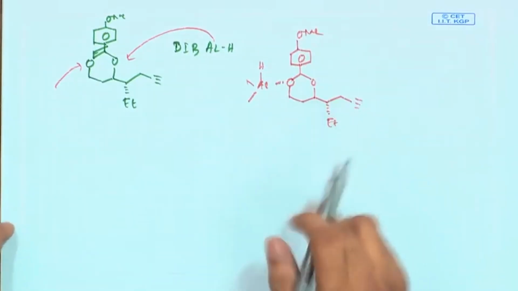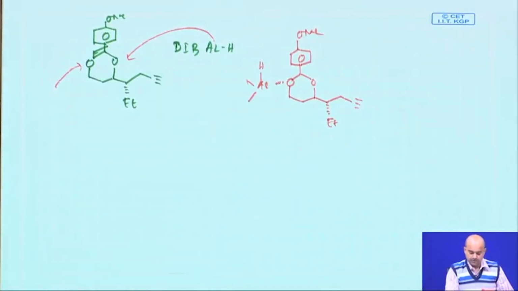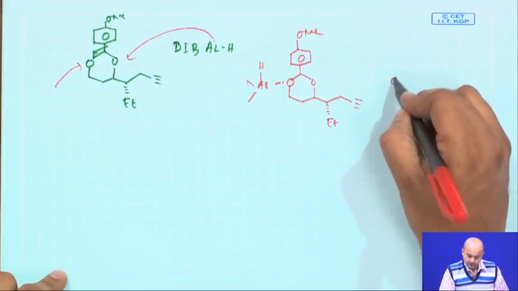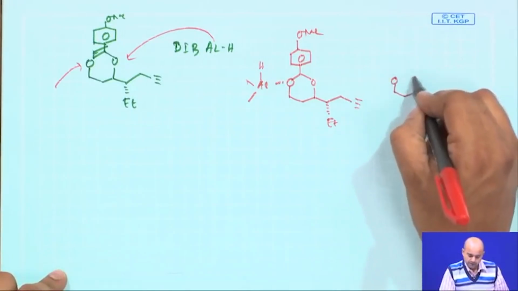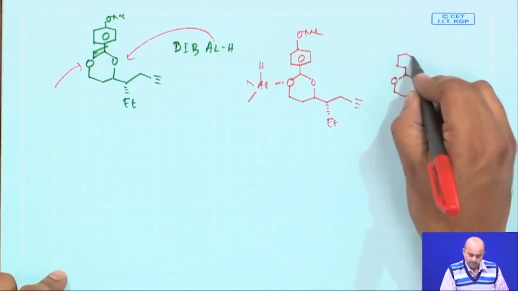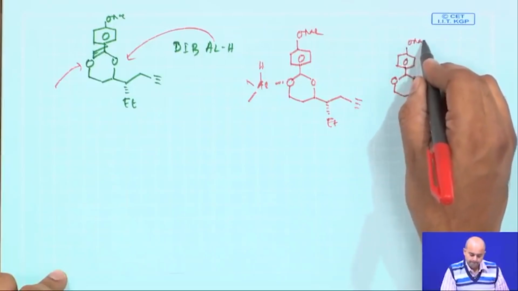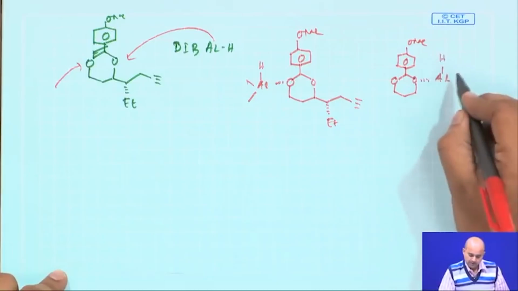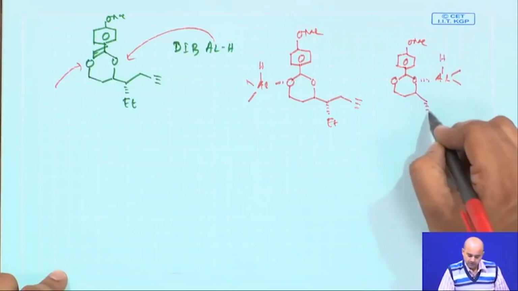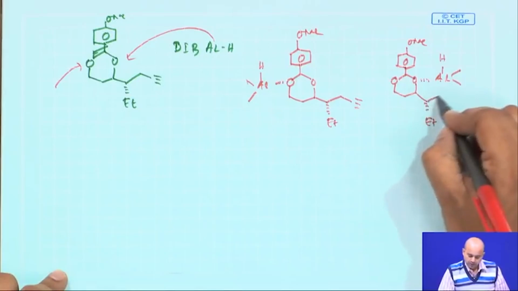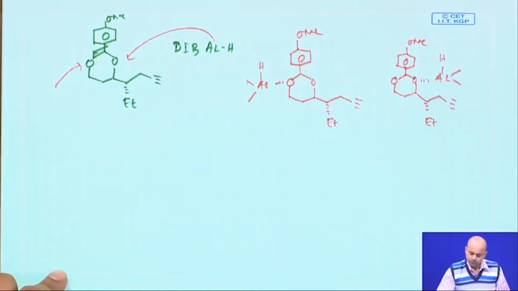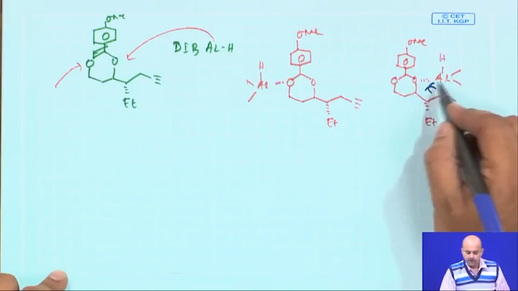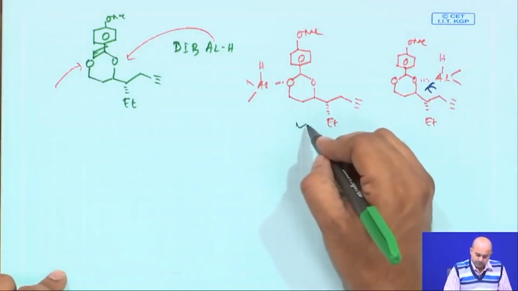Now, this site coordination is sterically much more favorable. You can have another coordination on that site, which I am also writing for your better understanding. Aluminum, hydride, isobutyl. Now, you see this side is absolutely crowded because it has a very bulky group. So, this is the main product which will be formed.